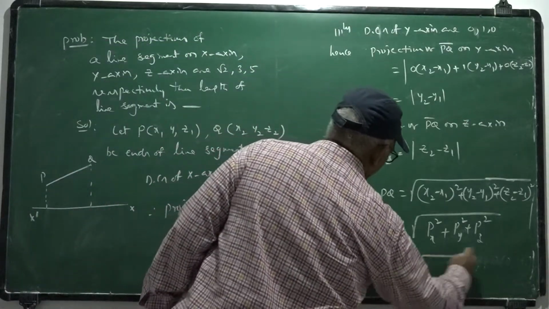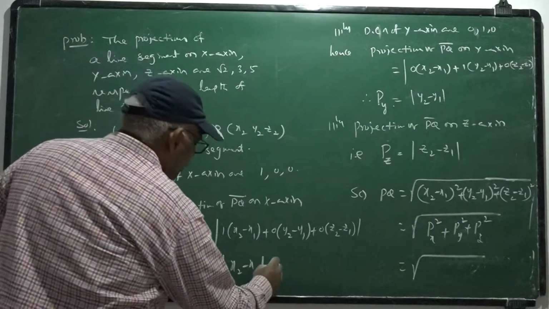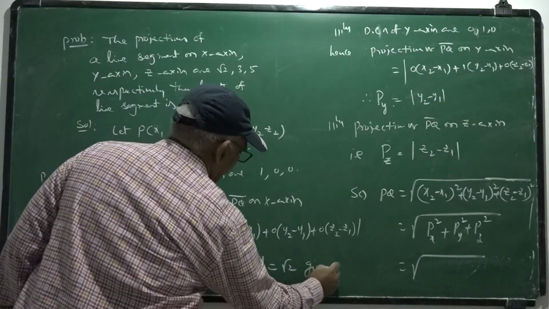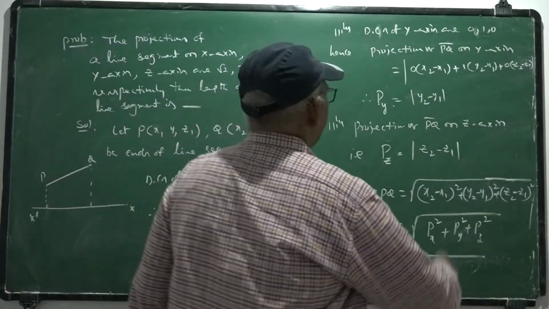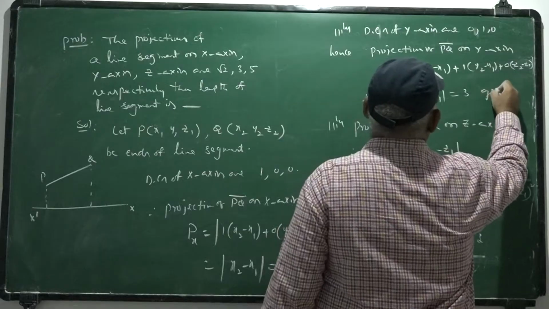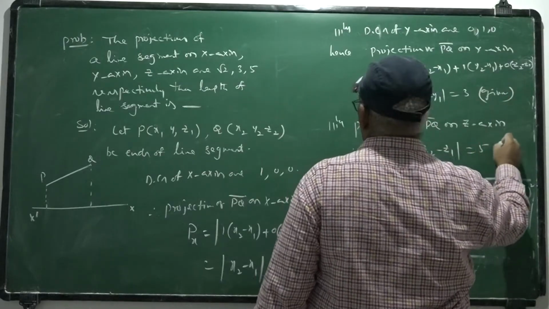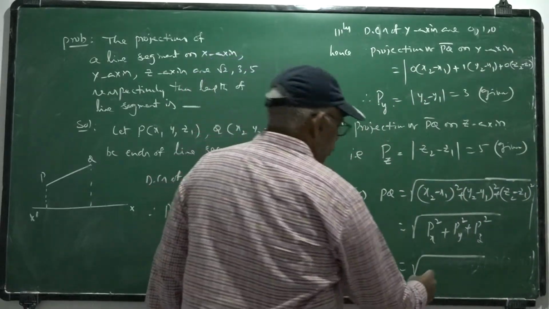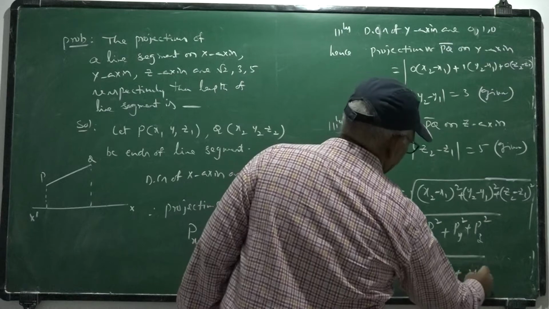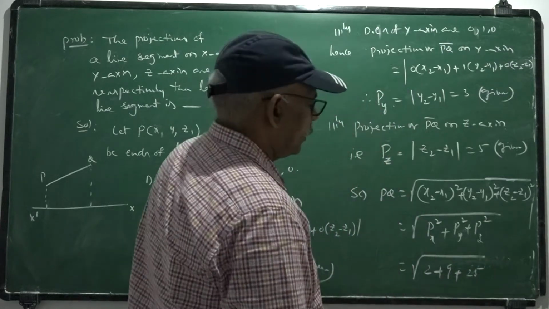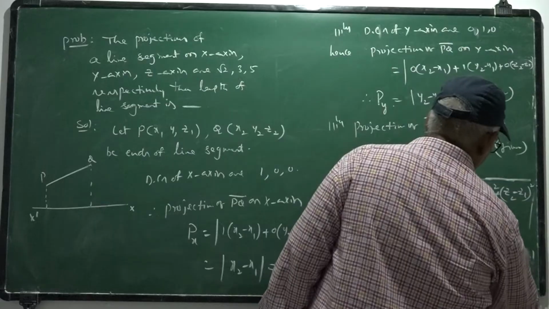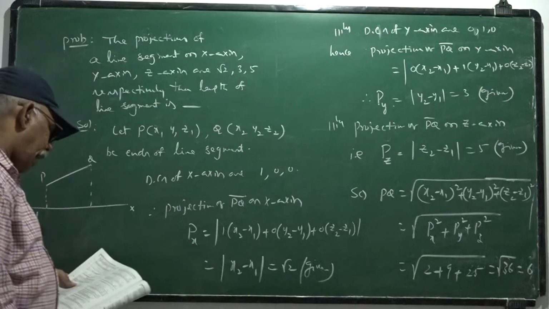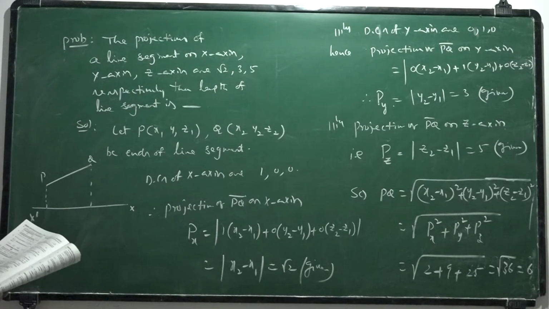Here this is given root 2, this is given 3, as per our data, and this is given 5. So, root 2 square plus 9 plus 25, that is 36. Root 36 means 6 itself. The length of line segment PQ is 6 itself.